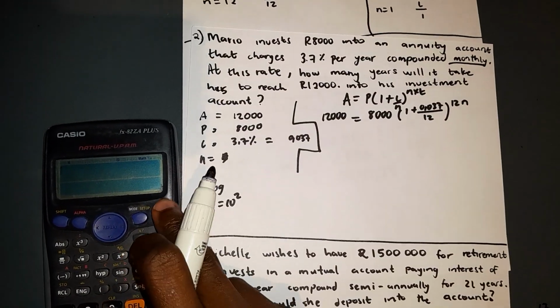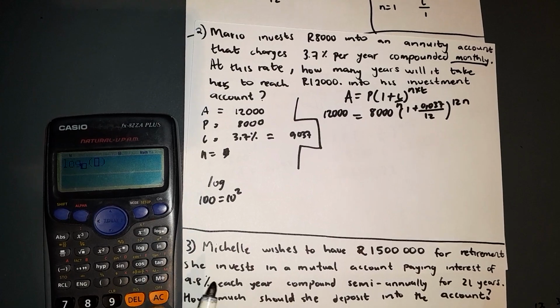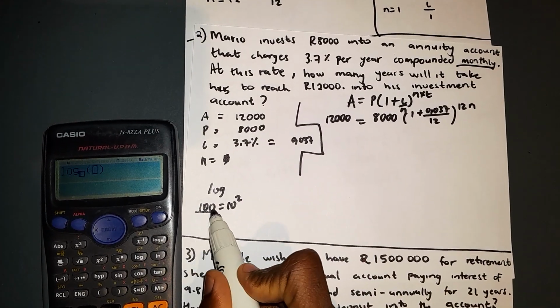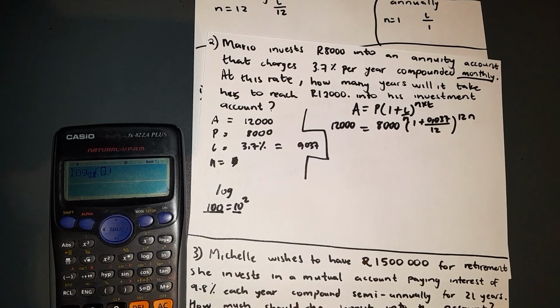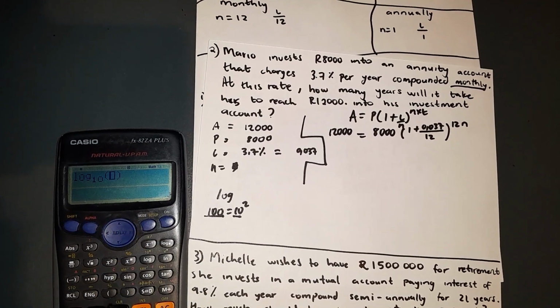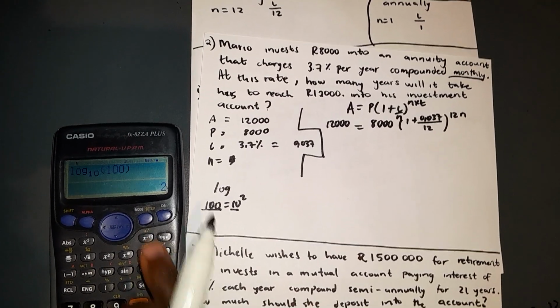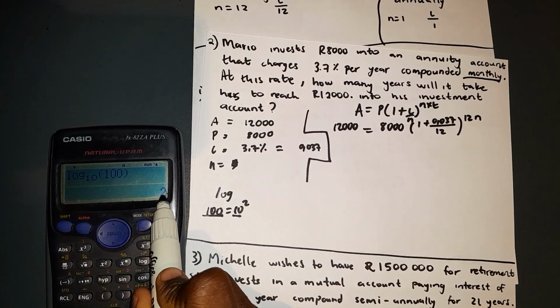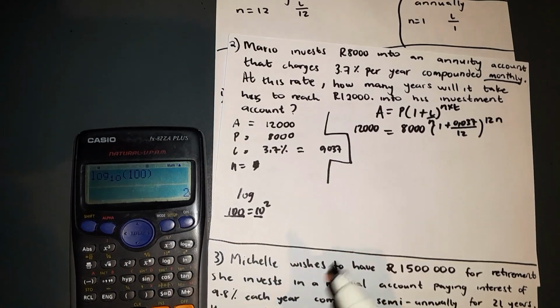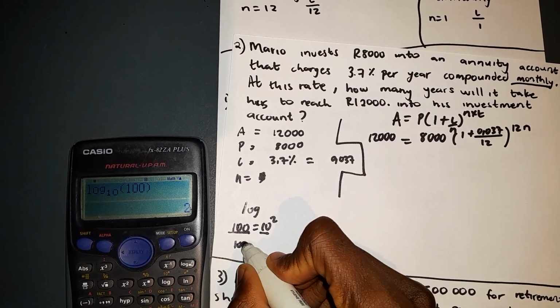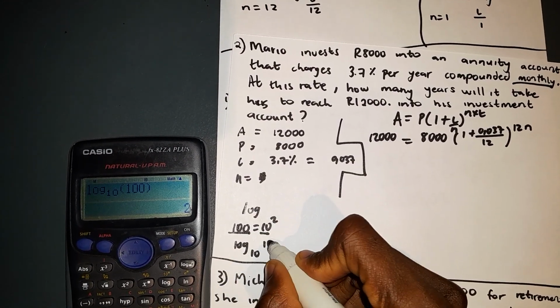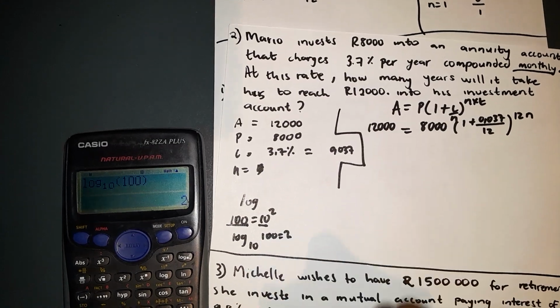So under log, this is the answer, this is the base, this is the exponent. So we just do the base, and the answer here will give us the exponent, which is 2.